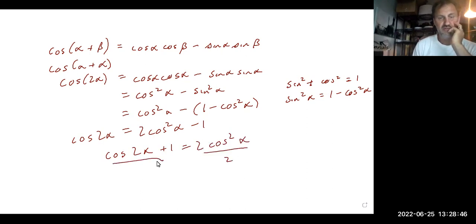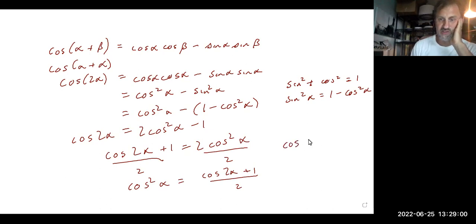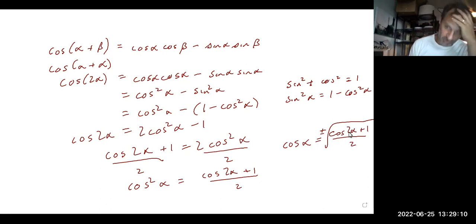Dividing by 2 gives us cosine squared alpha equals cosine 2 alpha plus 1 over 2. And now I take the square root. So cosine alpha equals plus or minus the square root of cosine 2 alpha plus 1 over 2. We're not sure which one it'll be. It depends on the relationship between this angle and this angle.